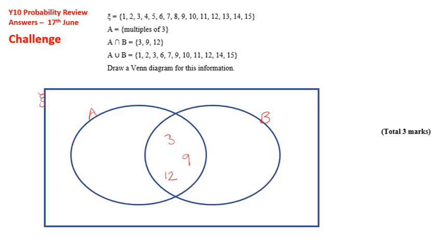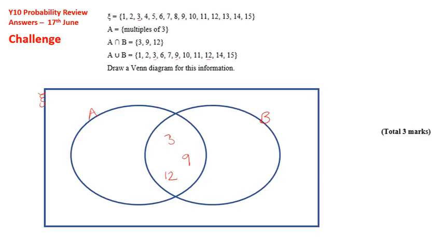Then from A union B, we would expect to see 3, 9 and 12 appearing in here. And which we do there, 3, 9 and 12. But I can't tell from that bit what goes in A and B. So back up to here, set A is multiples of 3. They have to be multiples of 3 that appear in the universal set.